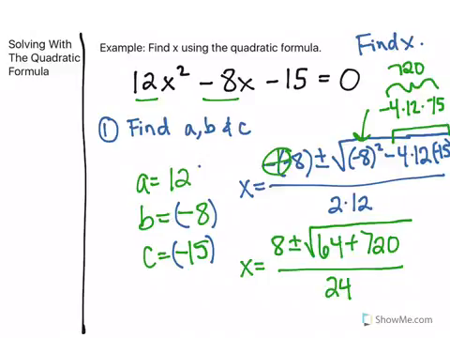Now I need to add these values together under the radical sign and factor. So let's go ahead on to the next page to do that.